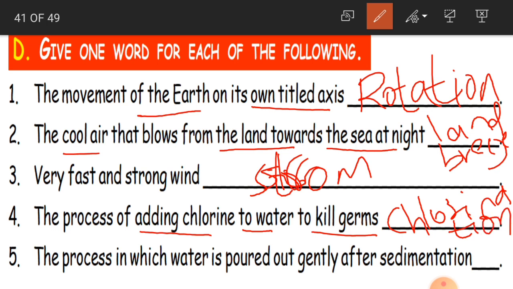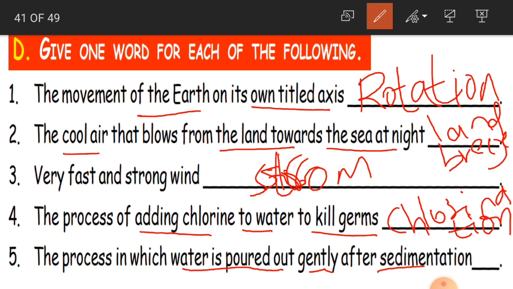Now, the last one, fifth one is the process in which water is poured out gently after sedimentation. What do we call this as? In sedimentation, what do we do, children?